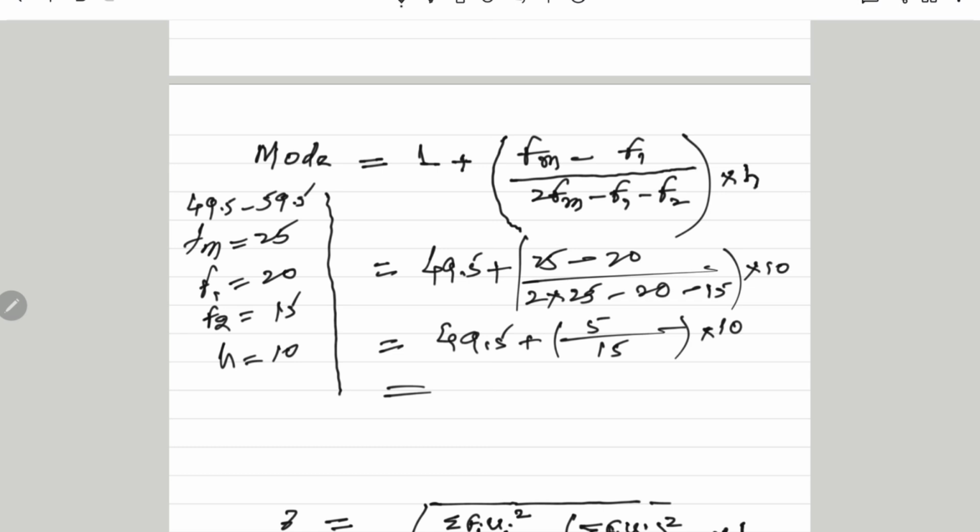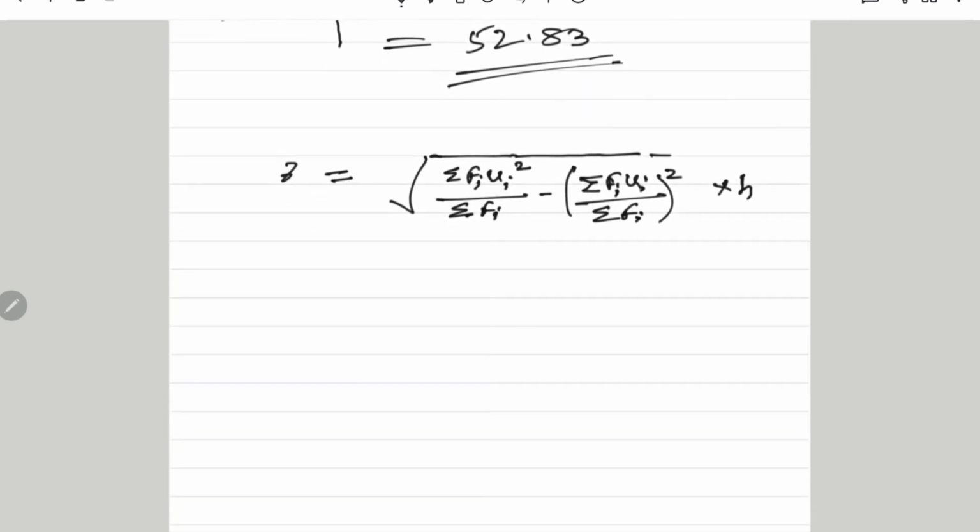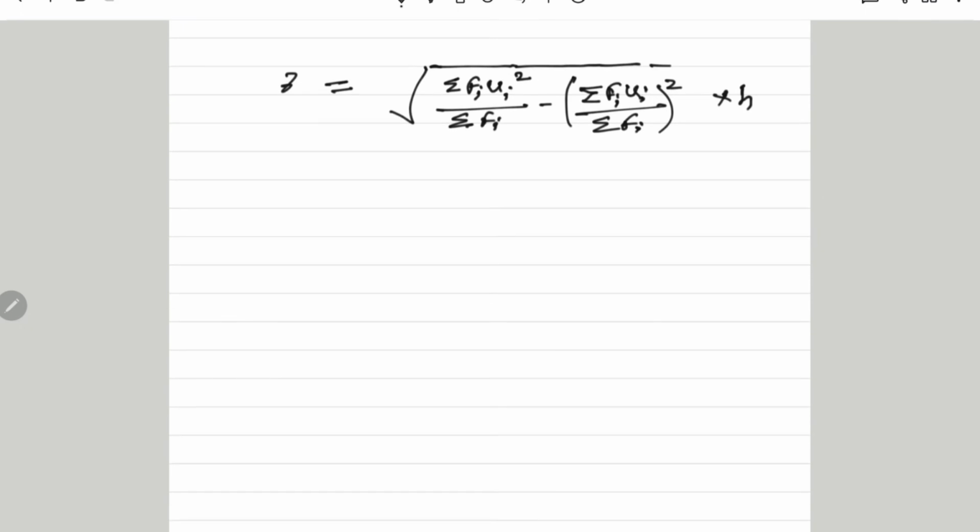Performing this calculation by calculator, that is 49.5 plus 50 divided by 15, we get that value as 52.83 as the value of mode. Then we go for calculation of the standard deviation.